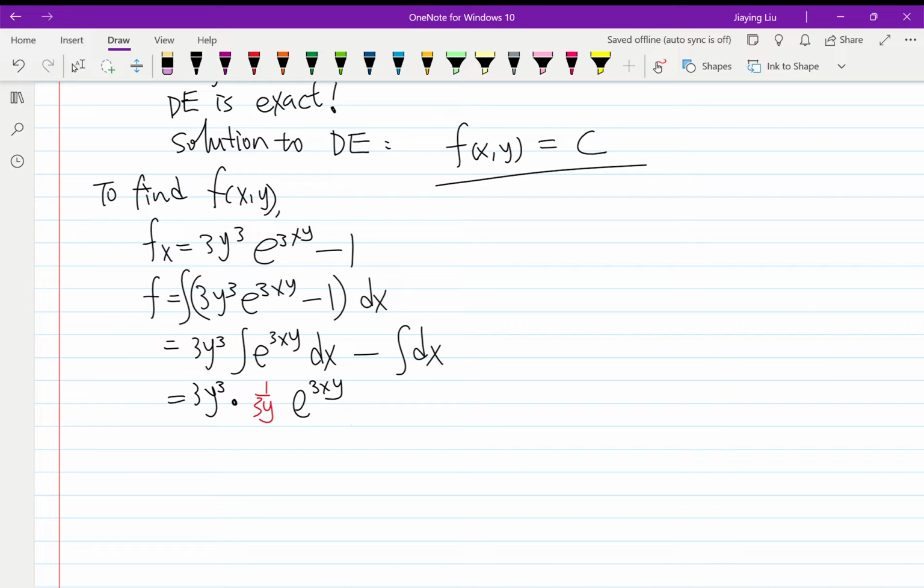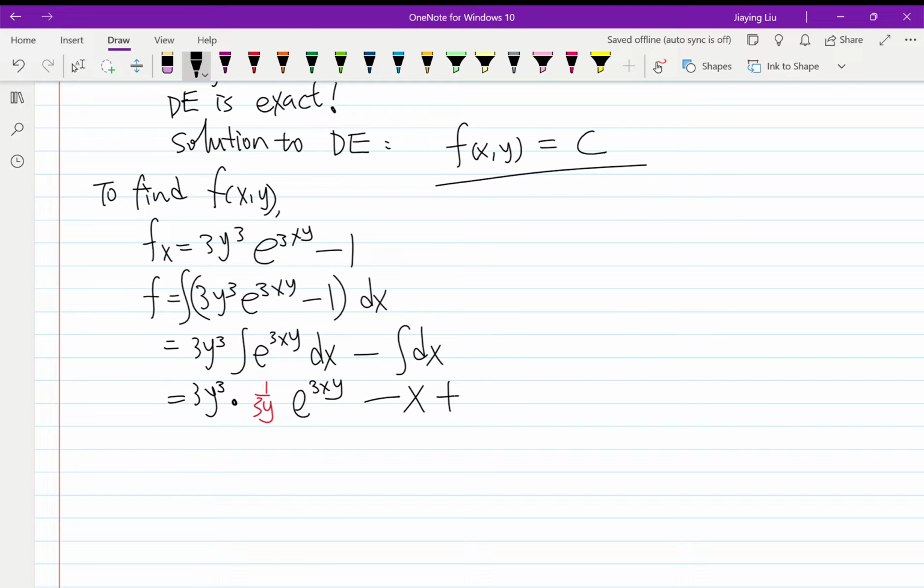To this, the 1 over 3y is to overcome the 3y when we differentiate. And the next term is just going to be negative x, but don't forget we have to add a constant term, right? Because this is the indefinite integral.